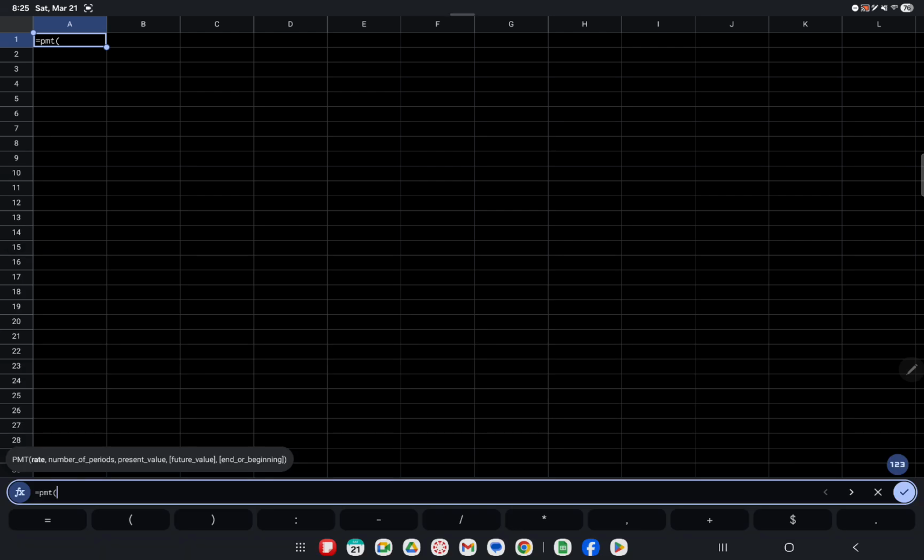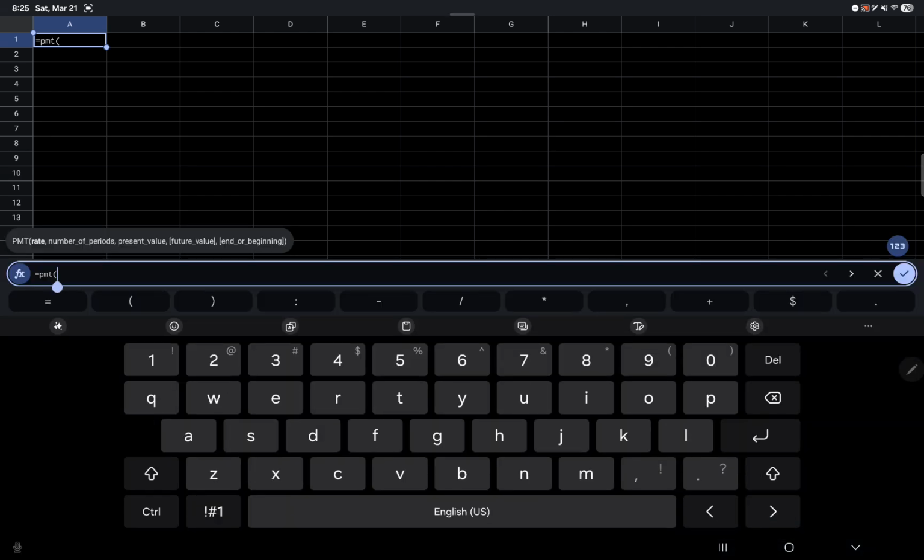Okay, so we want the rate. Remember, that's R over N. So ours was 3.99%, so 0.0399 divided by 12. And then we want the number of periods, so it's 5 years. So we can do 12 times 5, which is 60.